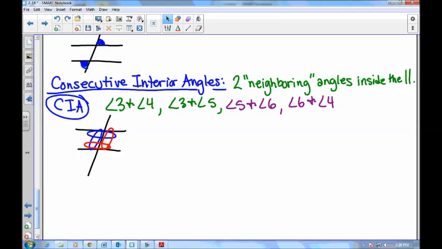Okay, now I'm going to do the side-by-side. And we're going to look at your tessellation that we did earlier. You don't have to redraw this because you already have it on the front side of your notes. And we're going to be looking for these angles inside our tessellation.